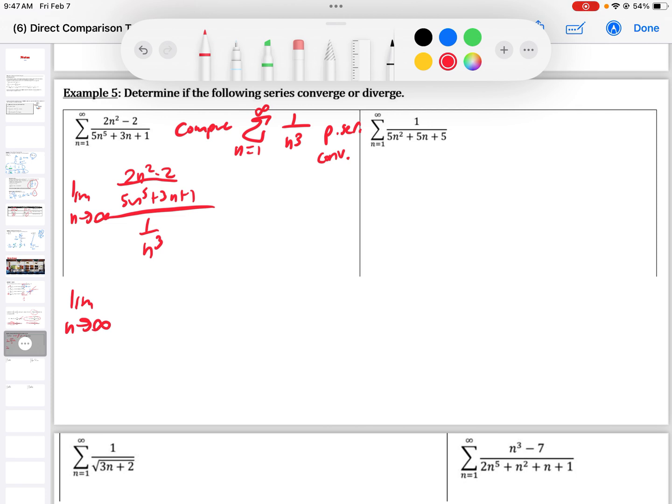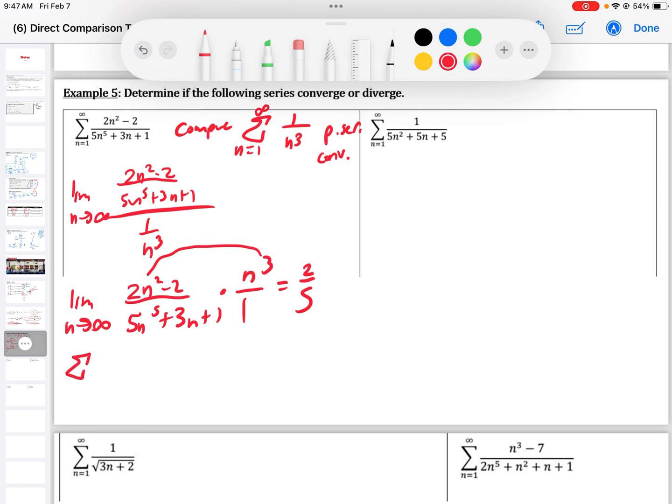As long as it's positive and finite, this thing is going to also converge. That's my original one, 5n to the 5th plus 3n plus 1 times n cubed over 1. And I'm going to realize, okay, that would be multiplied by that. So the biggest thing, this would give me 2/5, which is a positive finite number.